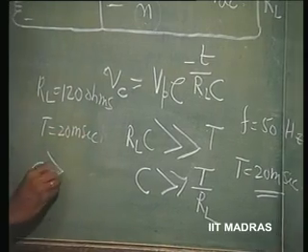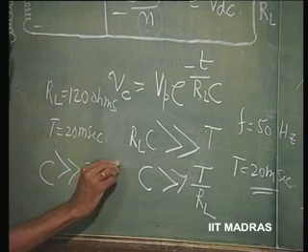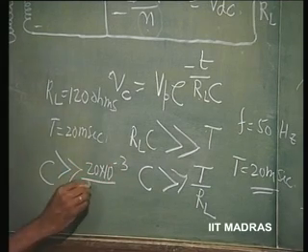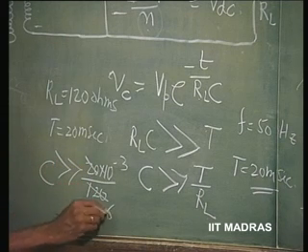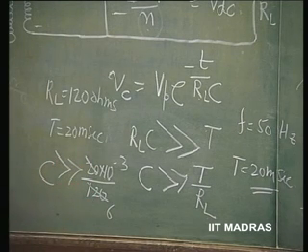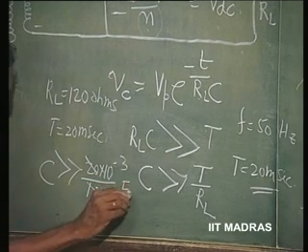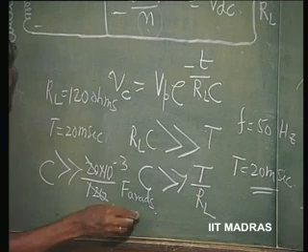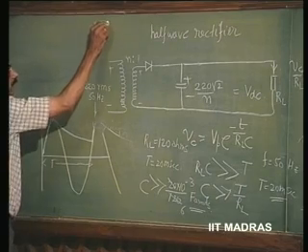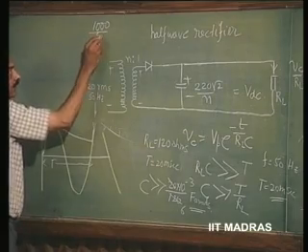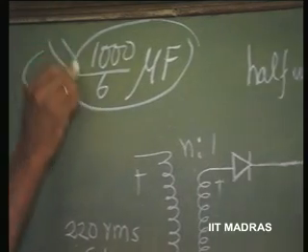So, C is to be made much greater than 20 milliseconds divided by 120 ohms, which is 1 by 6 into 10 to the power minus 3 farads. How much is it? This is nothing but 1000 divided by 6 microfarads. C must be made much greater than that.